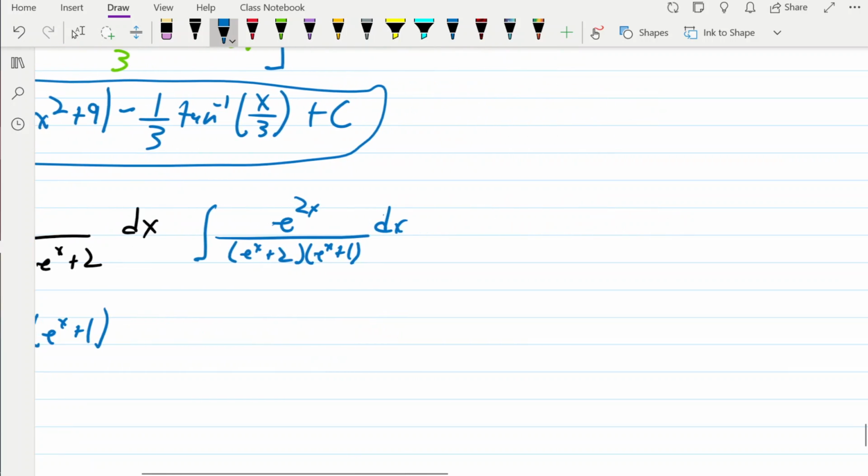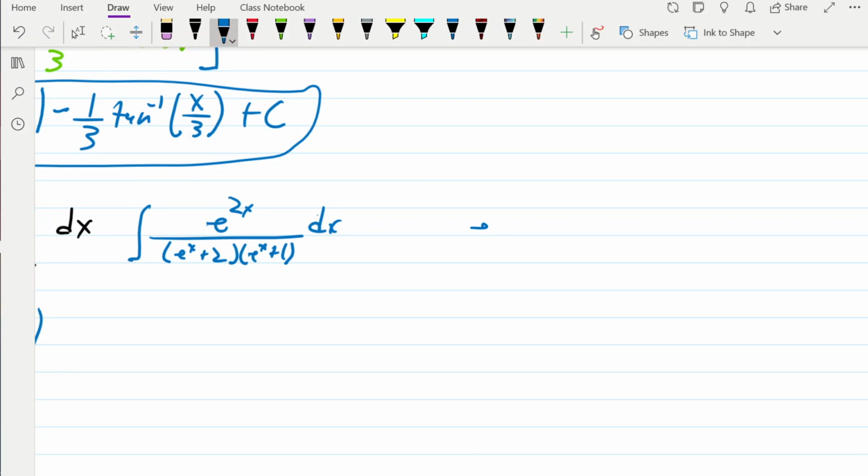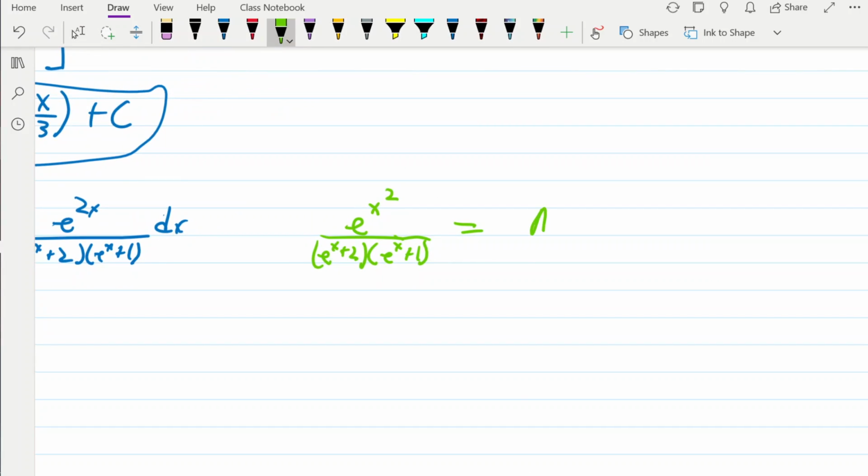All right, from here we need to set up our partial fractions. Actually, I'm going to use a different color for the whole partial fractions on this one, just for organizational sake. So e to the 2x, which we can just write as e to the x squared, over e to the x plus 2 times e to the x plus 1, is going to be equal to a over e to the x plus 2 plus b over e to the x plus 1.